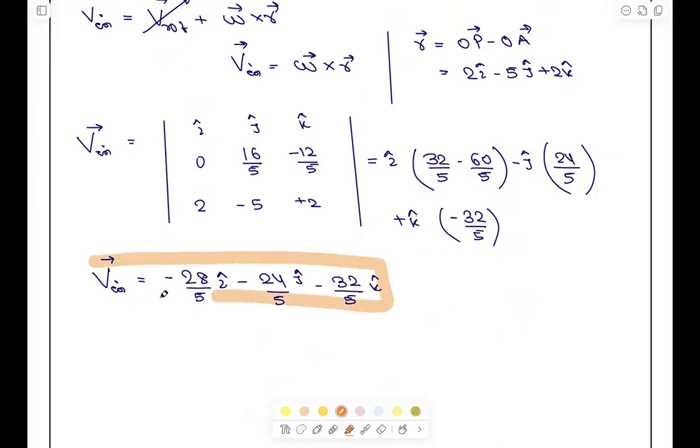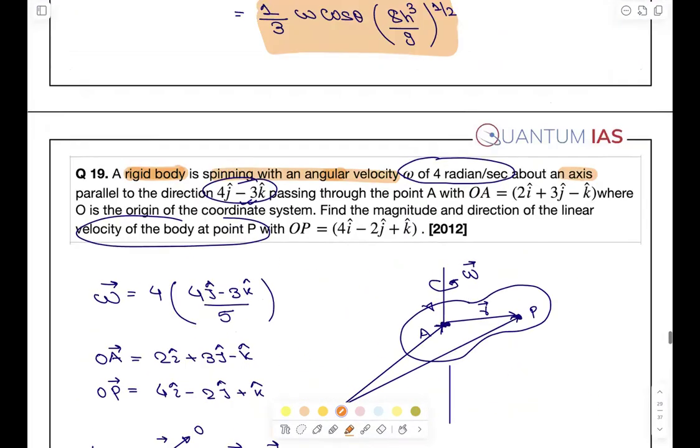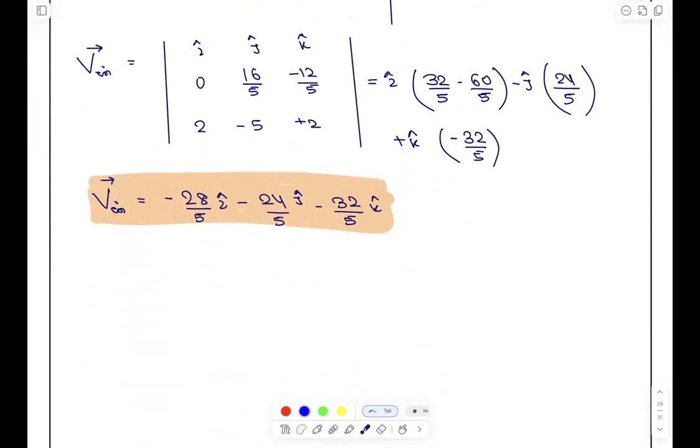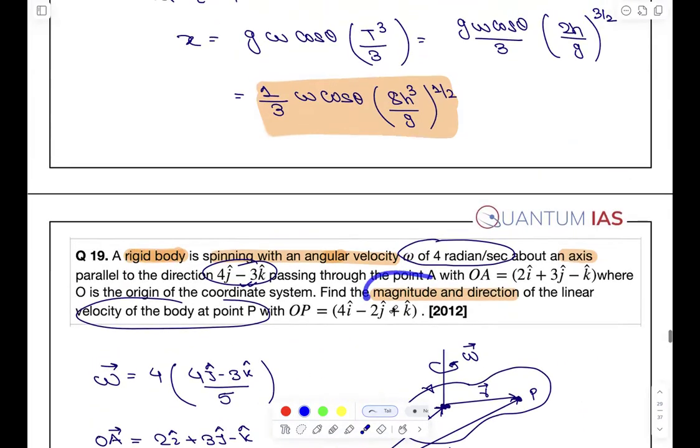Now here is a catch in this question, not a catch, it's a very basic and simple point which is mentioned in the question, and the examiner wants you to write in this format only: the magnitude and direction of linear velocity. I have seen that this is the final answer, that is correct, but they have asked specifically that you have to write the magnitude and direction.